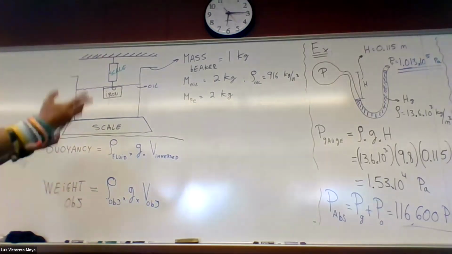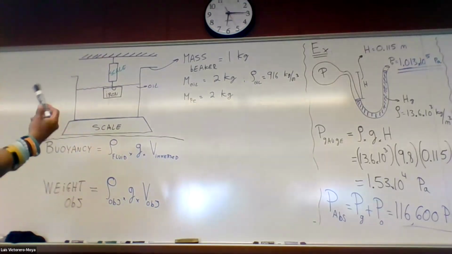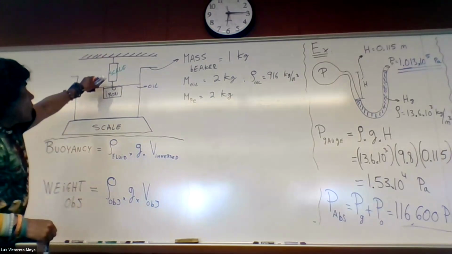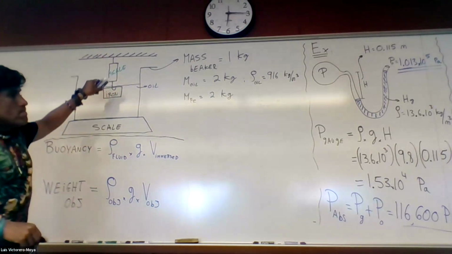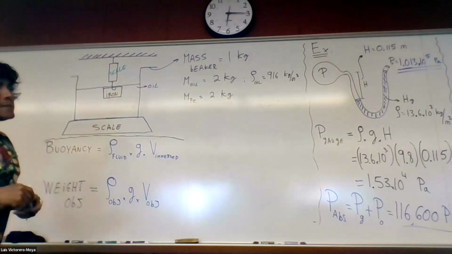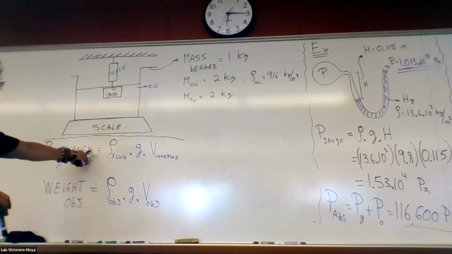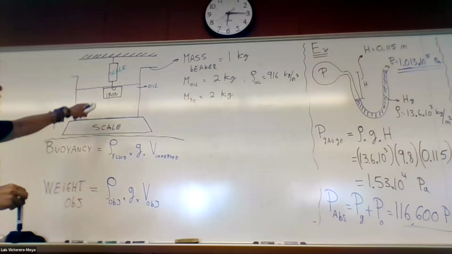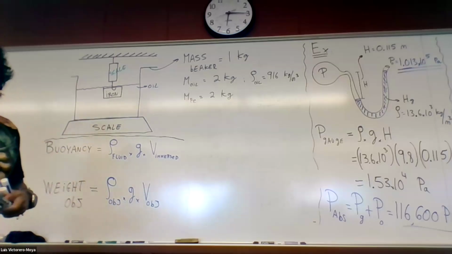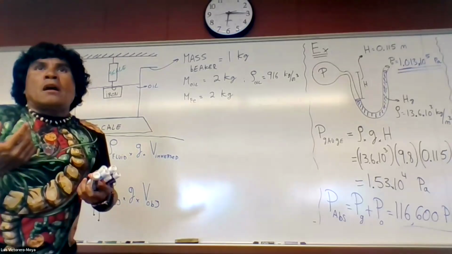Given all the information, you are being asked to find the reading on both scales. That's a typical example to show buoyancy, because the scale acts like a rope.